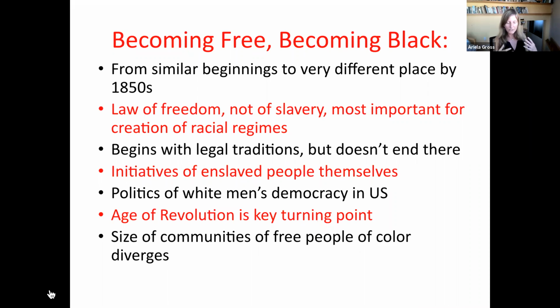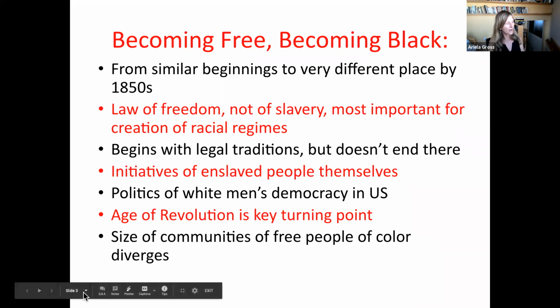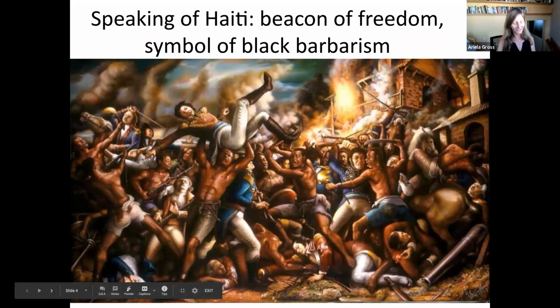In some ways, it's a moment in which freedom and rights discourse is expanding all over the Americas, and yet key differences are already developing.